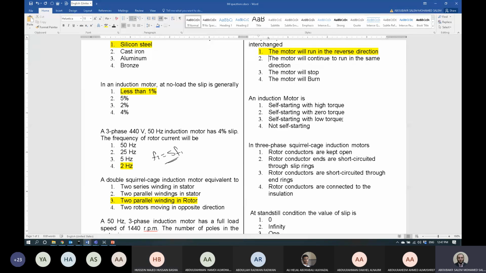It has the same or very close characteristic to adding resistance. When we add resistance and make starting torque equal maximum torque, we have a designed motor like that. But for this motor, the efficiency is very small, so it's not preferred.